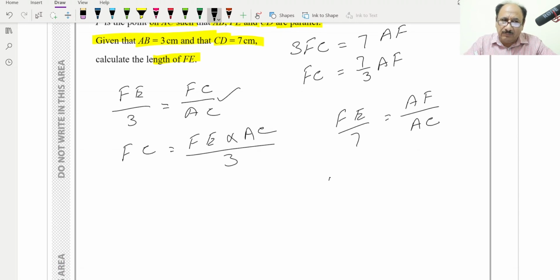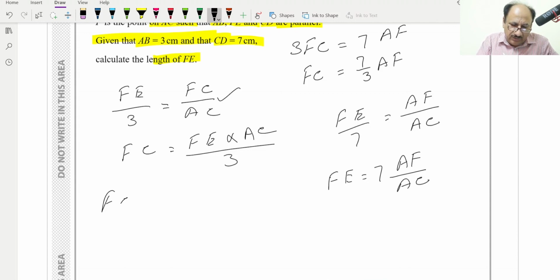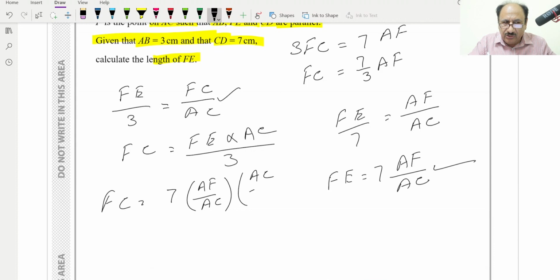So this implies FE is equal to 7 into AF over AC. This will be the FE value, and now this FE value we can replace in this equation. FC is equal to this FE value replaced from this equation, and this will be 7 into AF over AC multiplied by AC over 3, which is equal to 7AF over AC.